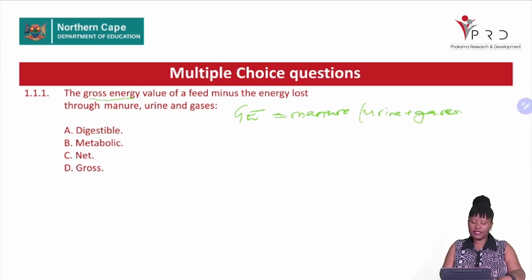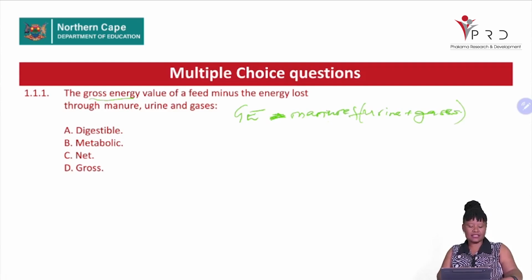Then what do you get? Gross energy is equal to the gross energy value of feed minus the energy lost through manure, plus urine and gases. Then when gross energy loses manure, it forms digestible energy.